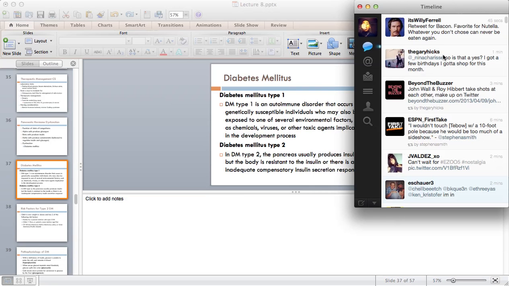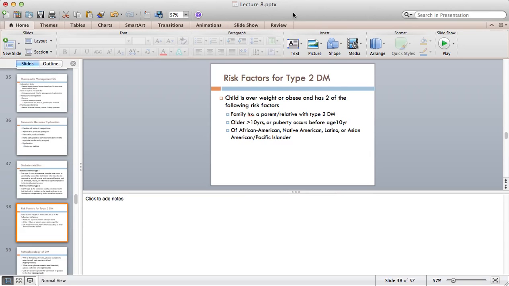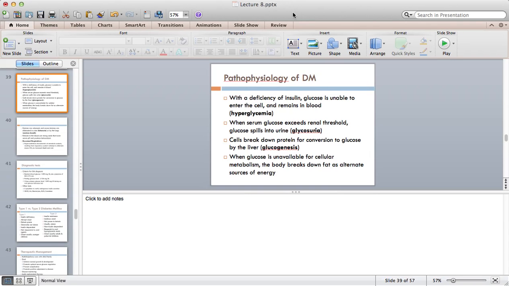We associate type 2 with overweight, and also the risk factors, which will include family history of a parent or a relative that has type 2 diabetes. Usually we'll see type 2 in children age 10 and above. And then we have more in African American, Native American, Latino, and Asian children.